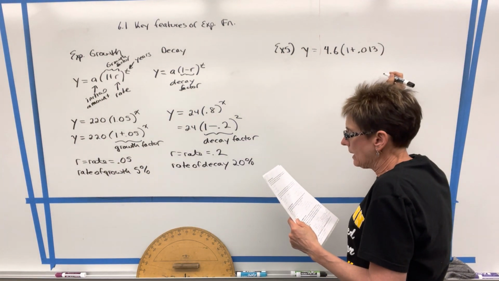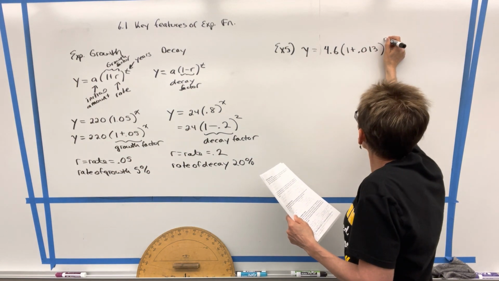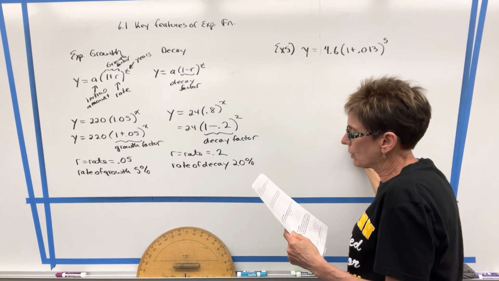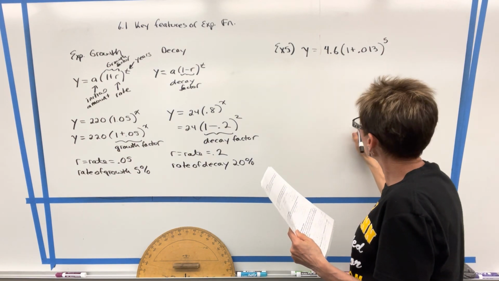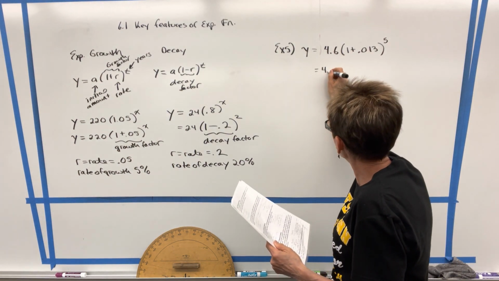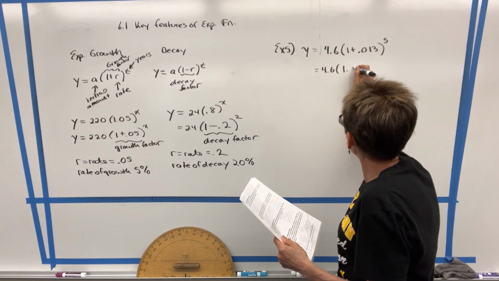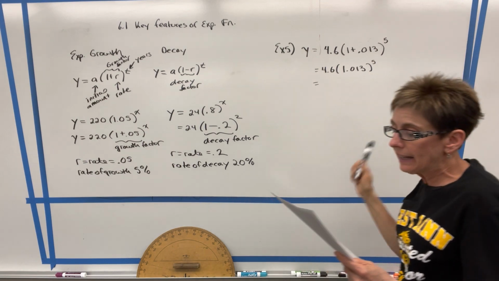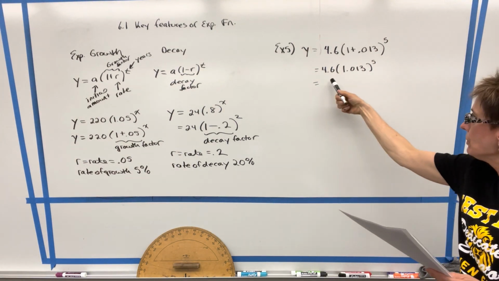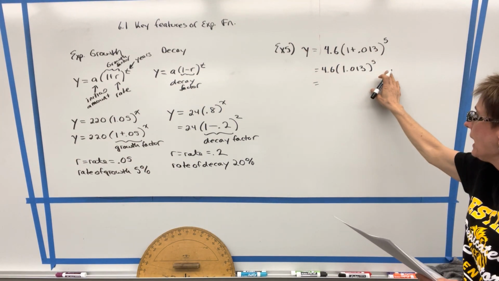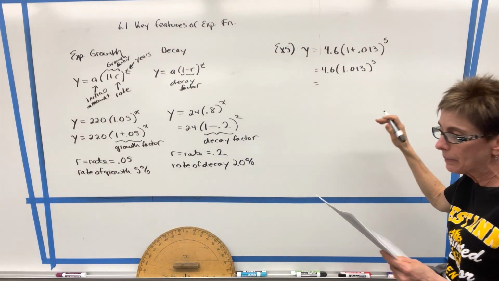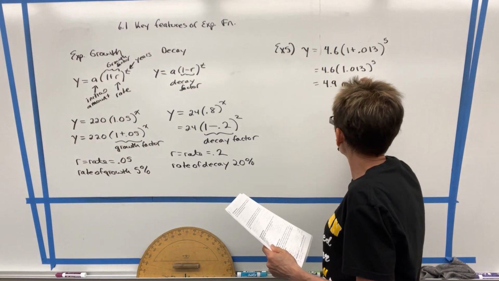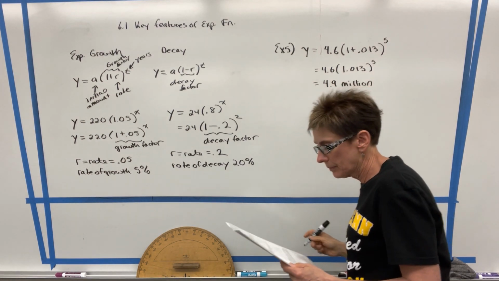And then it says that it grew that way for the next 5 years. So if I wanted to write a function to model the situation, I could simplify this by putting 1.013 in parentheses. Now on my calculator, when I do this calculation, I need to do the exponent first and then multiply by 4.6, and I get that the population is about 4.9 million.